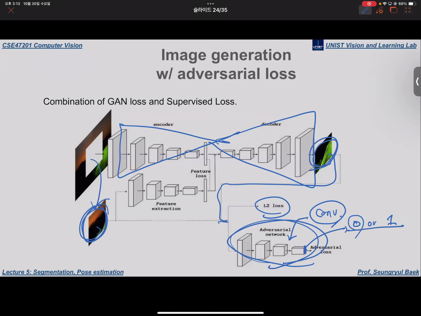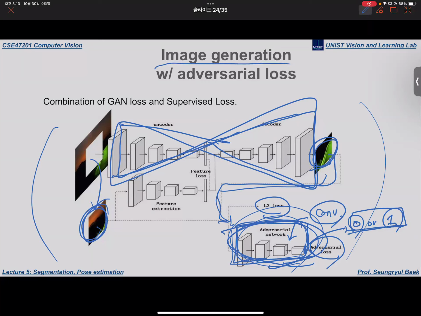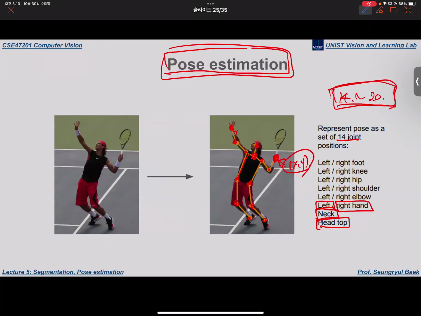If it says 0, it's fake data, and if it says 1, it means real data. So this is the policeman, the discriminator network, and we apply the adversarial loss here to make the encoder-decoder try hard to deceive this network. That's image generation. Normally, when training an image generation network, we use both the adversarial loss and the L2 loss.